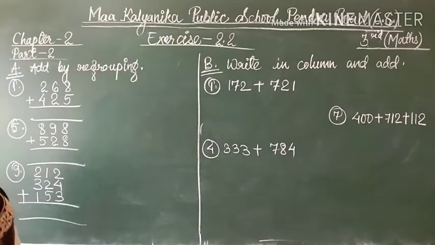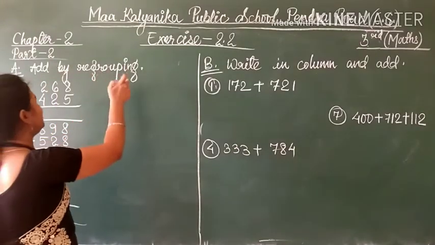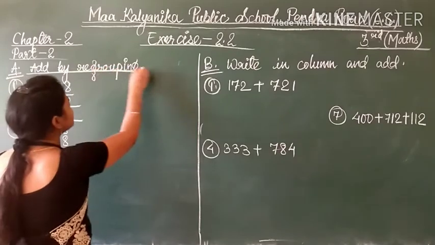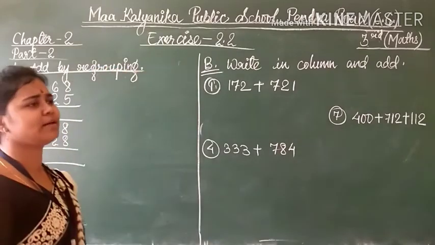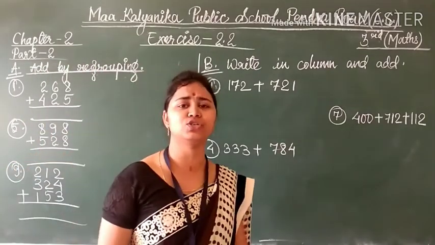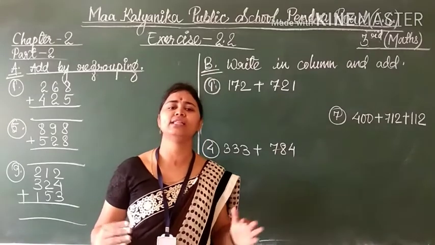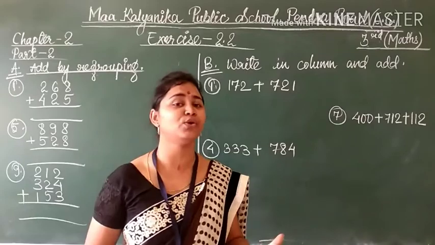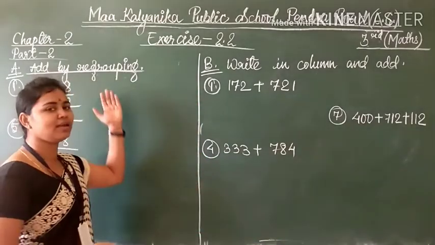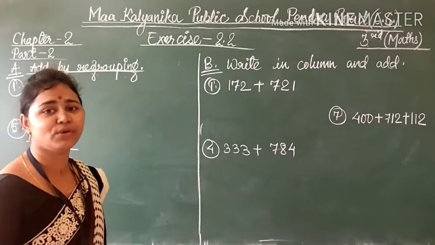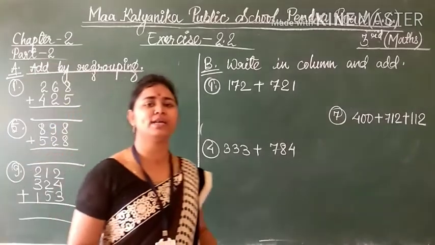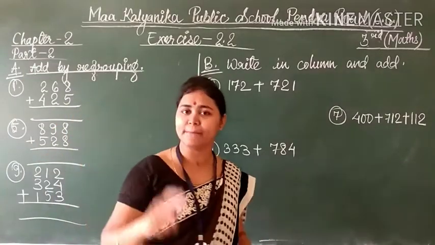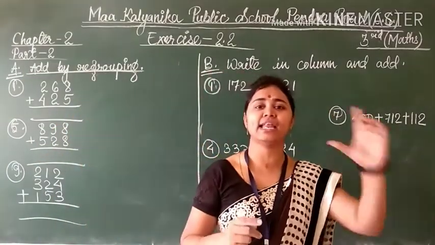So see here, add by regrouping. Students, you have learned in a previous class about add. Add means addition. You can add the numbers, but if some terms like regrouping are coming in front of you, you get somewhat confused. But not to worry, regrouping means only carry will be there.